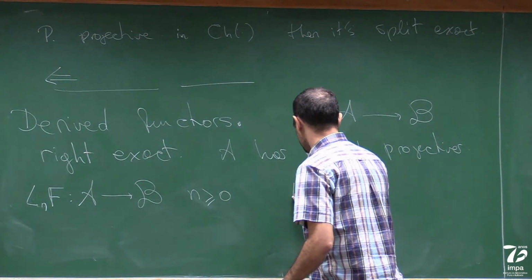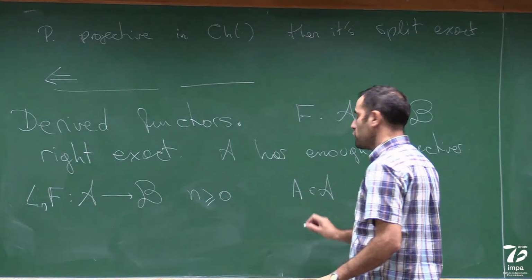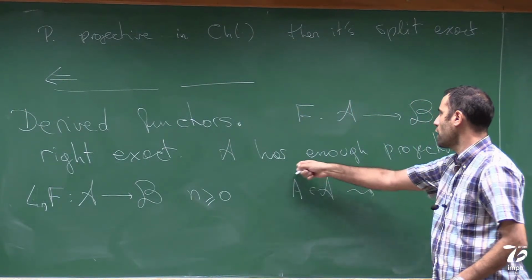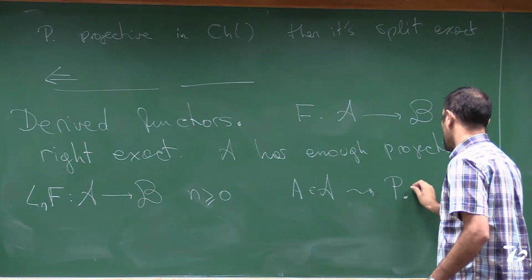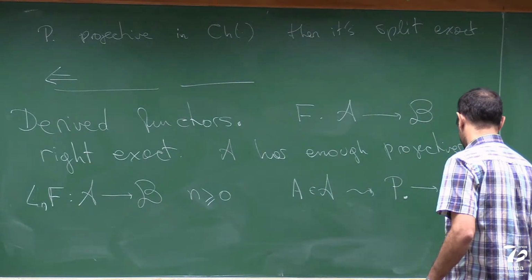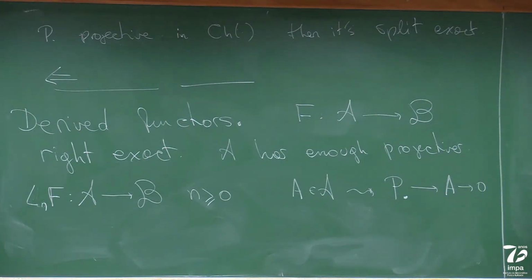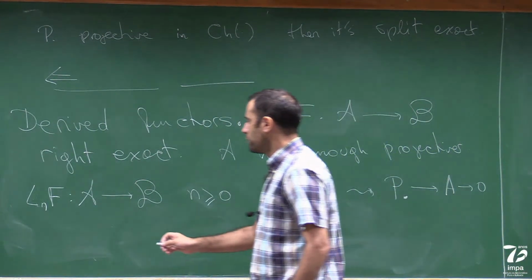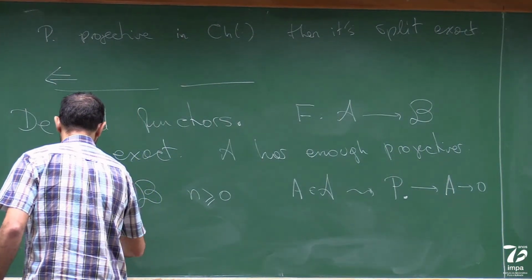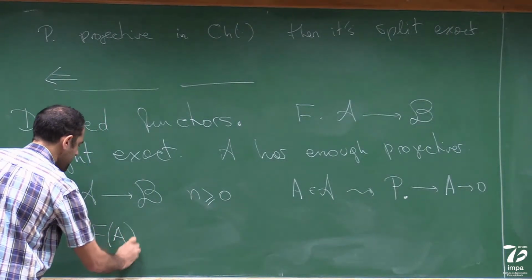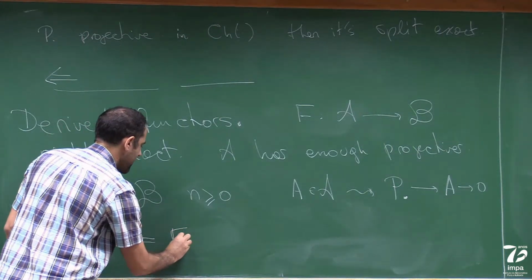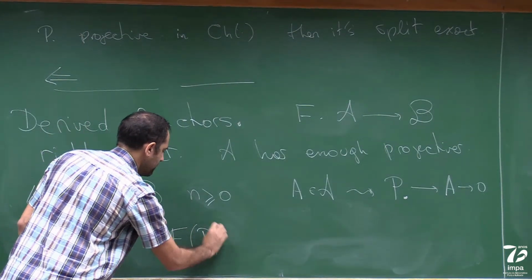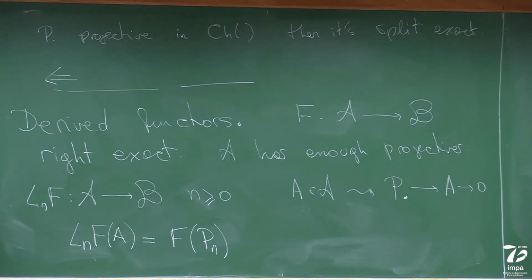You start with A. In A, you choose a projective resolution, which we know exists because the category has enough projectives. So you choose a projective resolution of A. And now you define LnF applied to A as the functor F applied to Pn in that resolution.